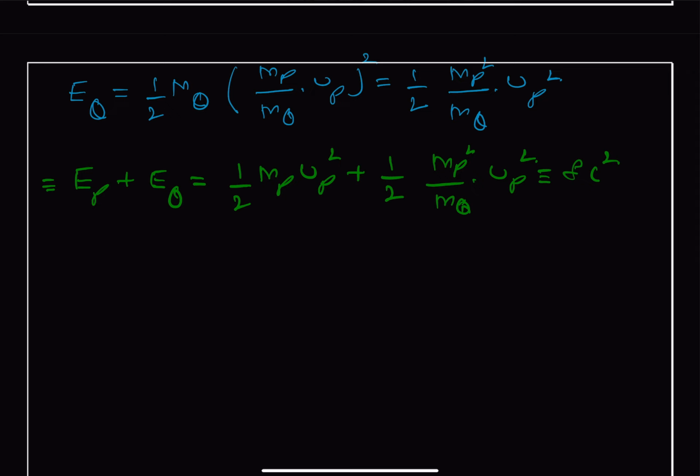On the left side we can make a slight adjustment. We take half as common, and let us take MQ as LCM.